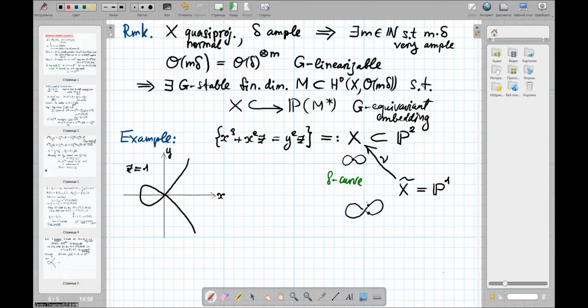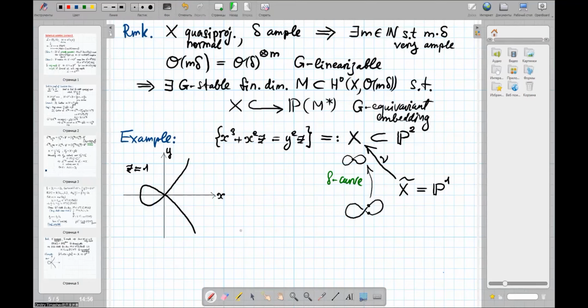And this normalization map just identifies these 2 points, 0 and infinity. So this picture goes to this picture. You identify 2 points on the projective line, and you get a singular projective curve like this. Okay? You can write this map by formulae in projective coordinates, but I don't want to do it now. I can leave it as an exercise for you to write down the formula for the normalization map in appropriate projective coordinates.